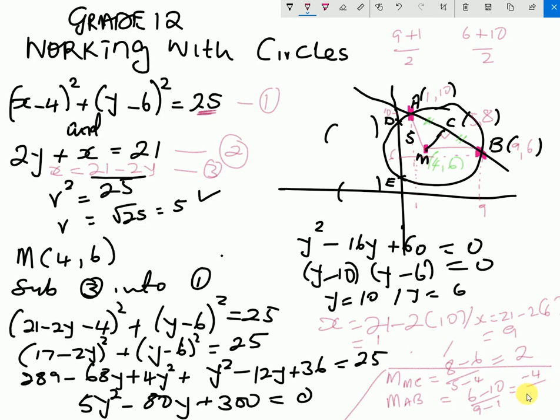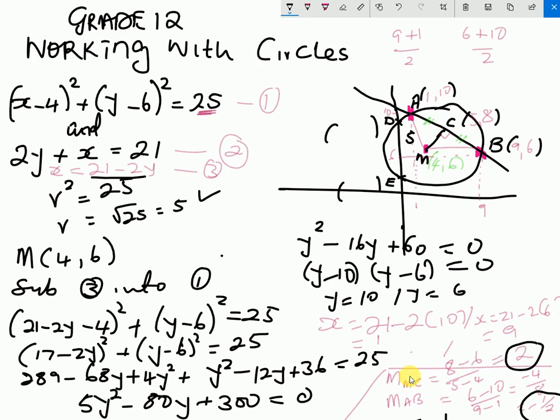The bottom one is 8. So the answer is minus half. If you multiply this by this, it is equal to minus 1. You got the things right.